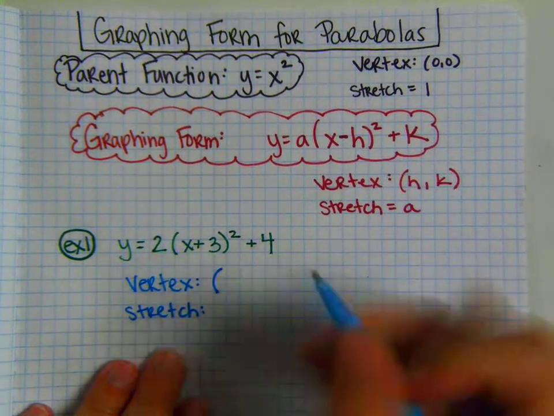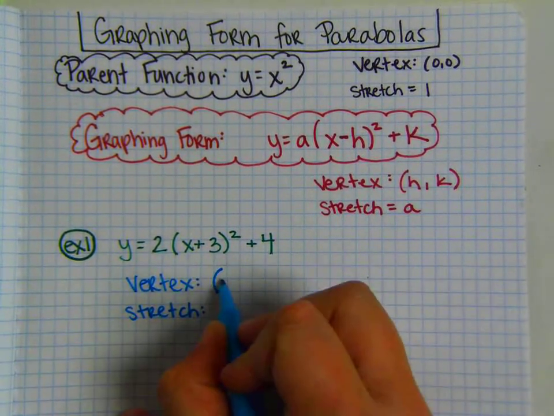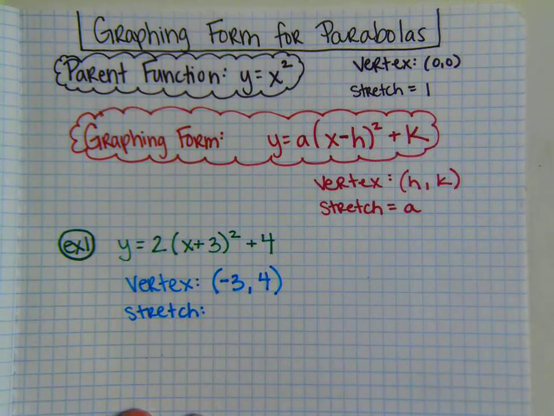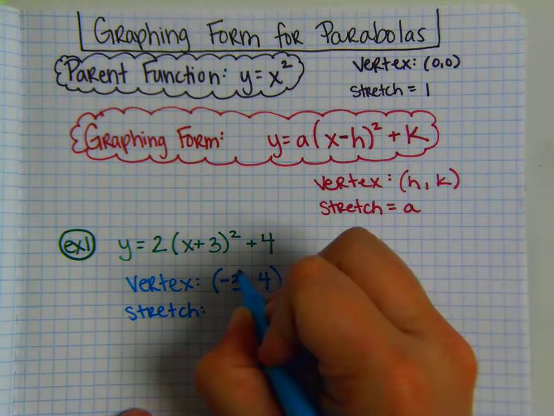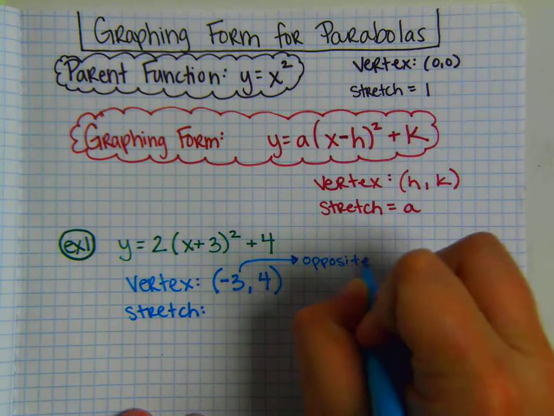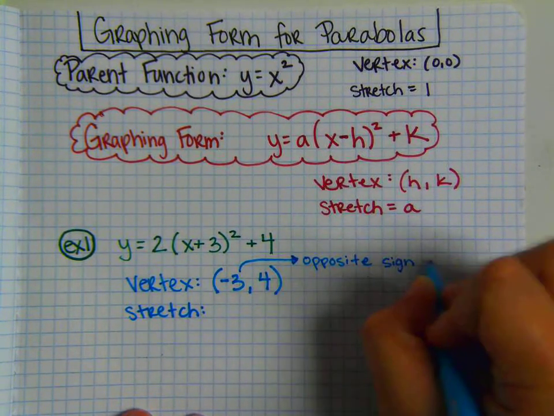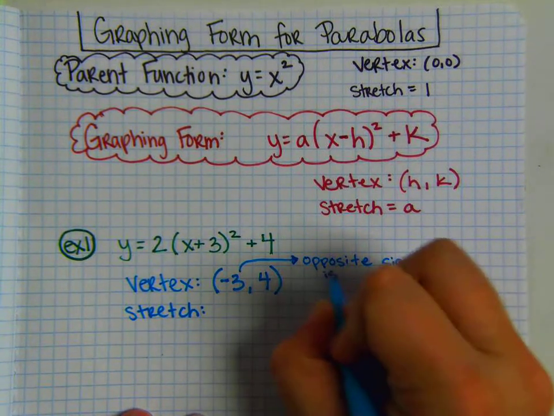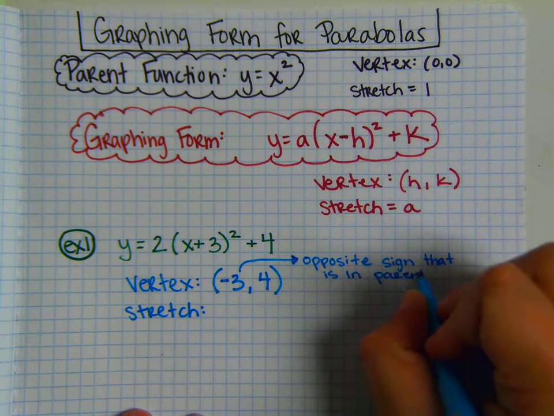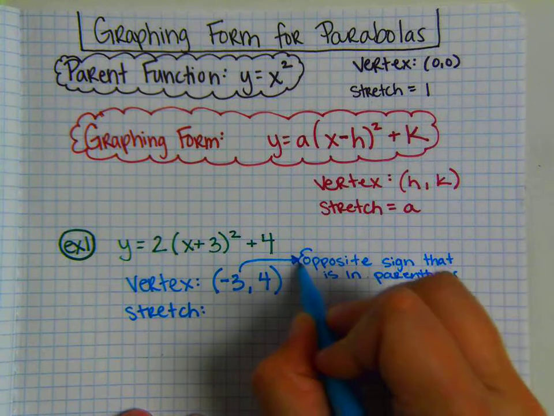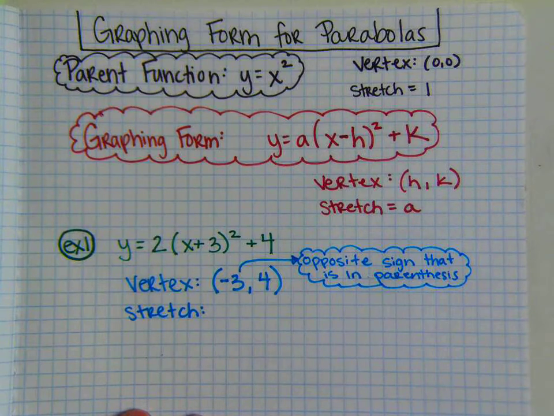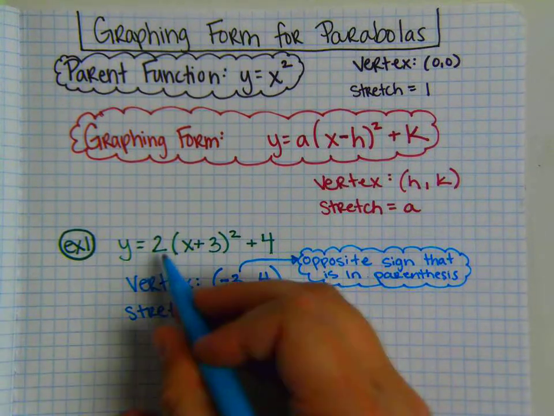That means our x coordinate of our vertex is going to be a negative 3. And then this is going to be our y coordinate of our vertex. So negative 3, 4. And I'm just going to make a little note right here. It is the opposite sign that is in the parentheses. And then the stretch is this 2.